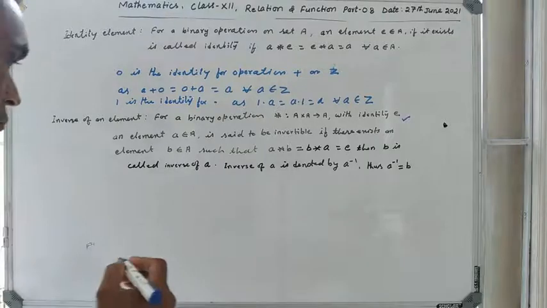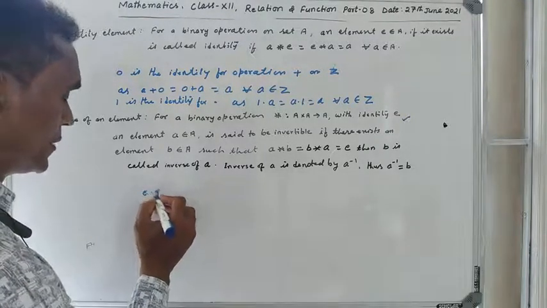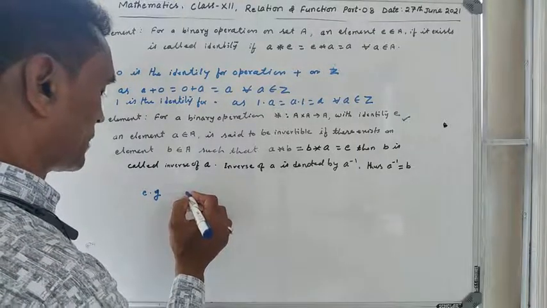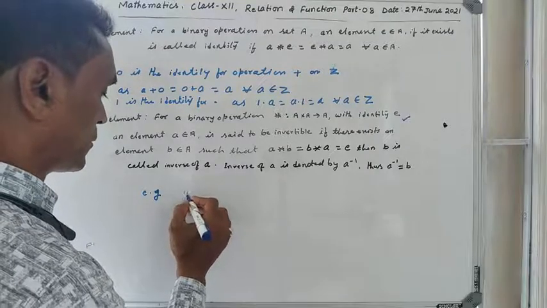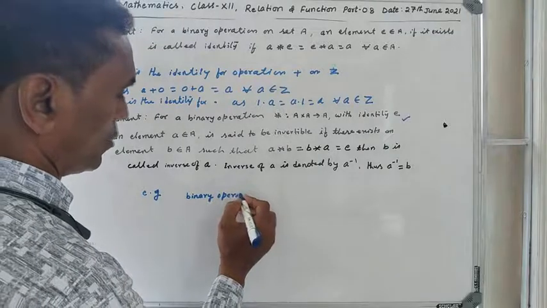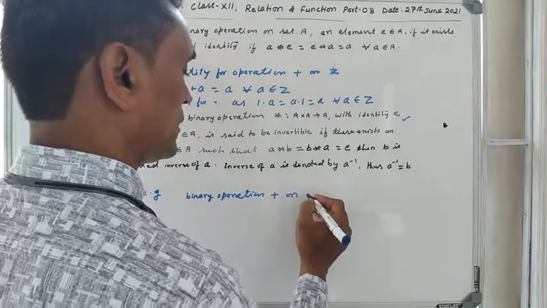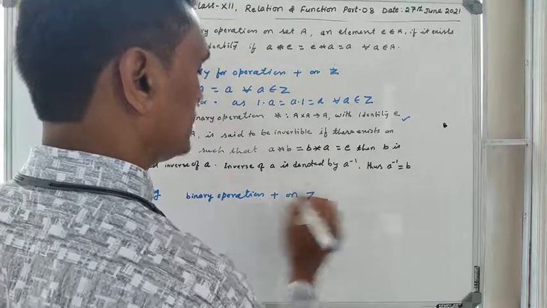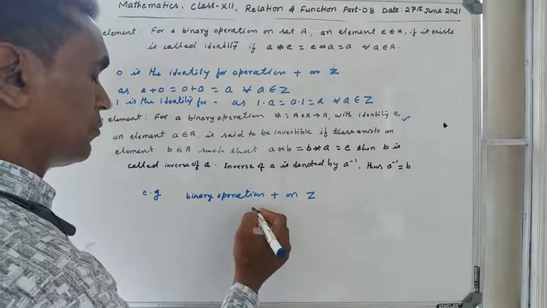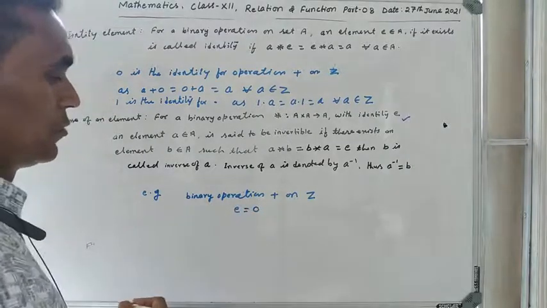Now for example, for the binary operation addition on the set, suppose, of integers, what is the identity element here? 0 is the identity element, so here e is 0.